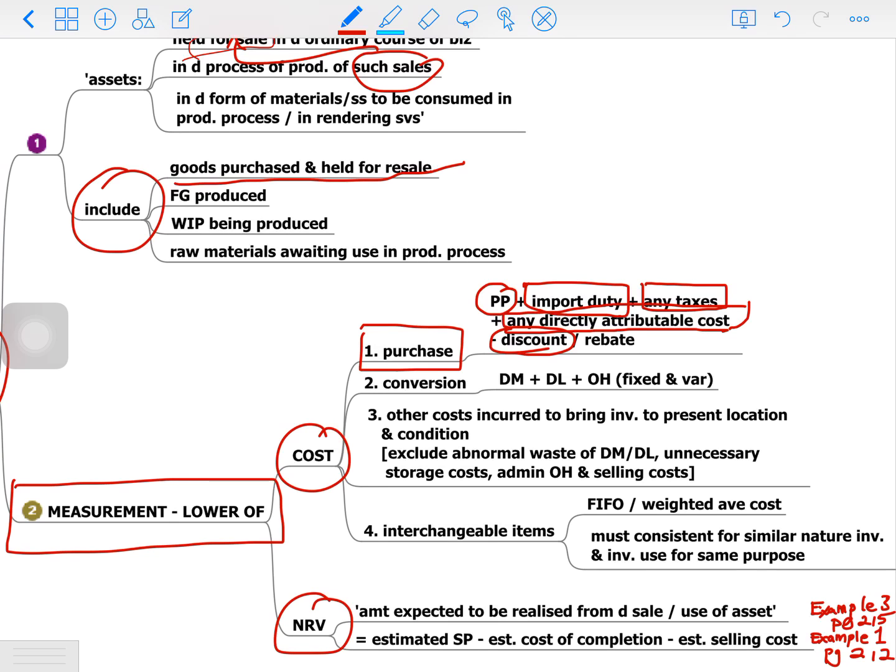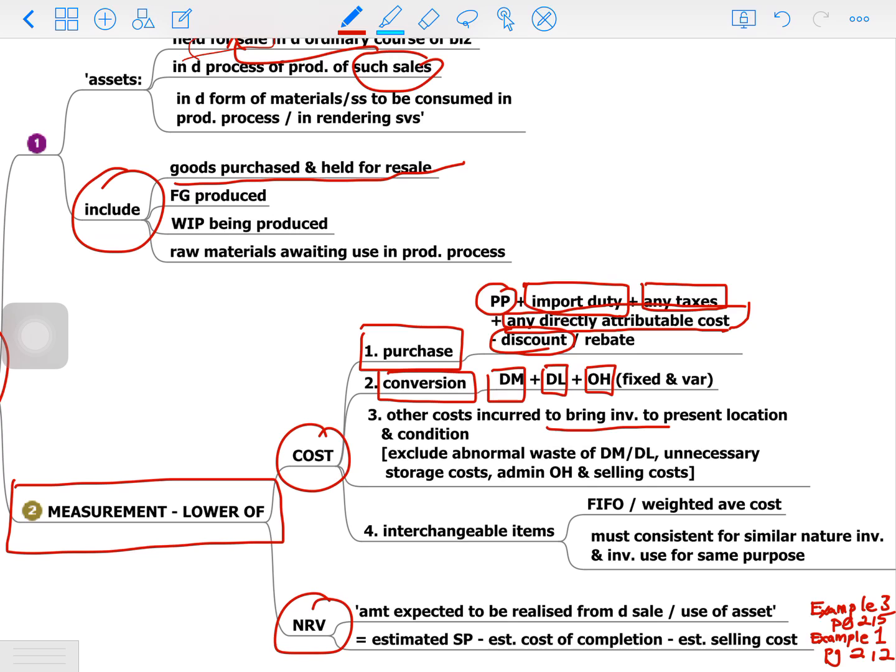And also if the product is a manufactured product, it consists of direct material, direct labor, plus overhead, fixed overhead and variable overhead, right? This will become the cost of the product, okay. And other costs incurred to bring the product to the present location and condition, ready for sale, okay.